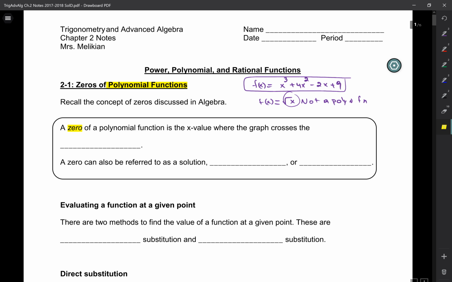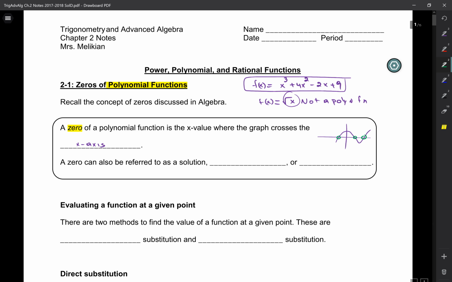All right, a zero of the polynomial function is the x value where the graph crosses the x-axis. So for example, if I have a function that looks like this, it hits the x-axis in 3 places, so it's got 3 zeros.